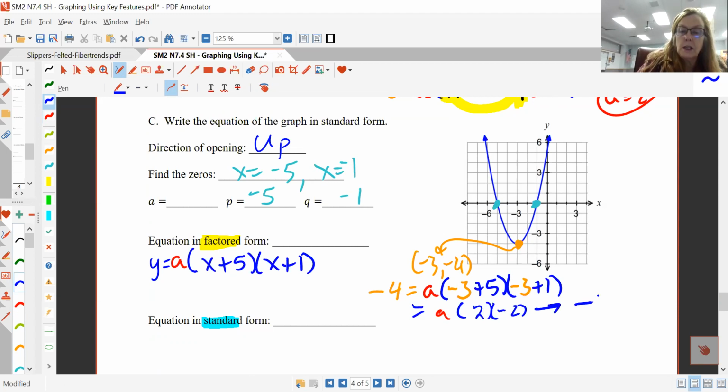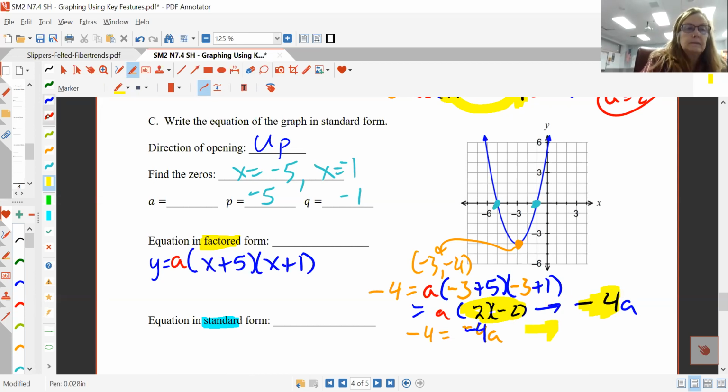So that turns into negative 4A. So what I get is negative 4 equals negative 4A. Okay, again, I took this multiplier and I put it in front. Okay, dividing by negative 4, A is 1.